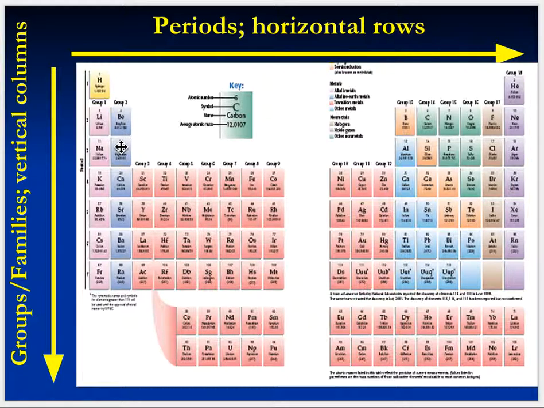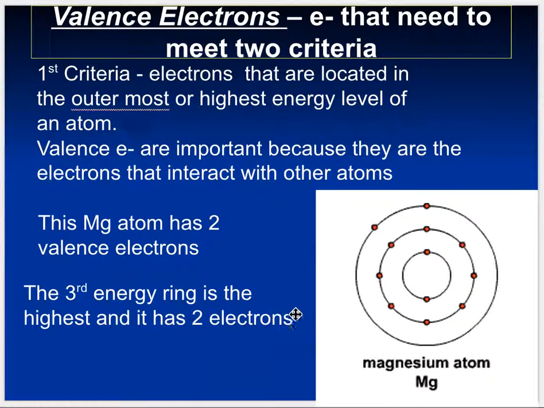It has 12 protons, which means it has 12 electrons. And when you go to fill up its energy shells, you can put 2 in the first, 8 in the second, and then you have 2 left over to equal 12, and these are your valence electrons.